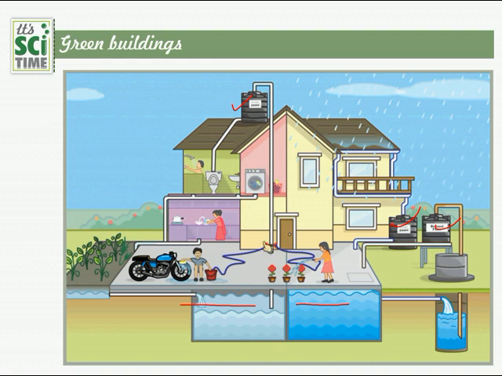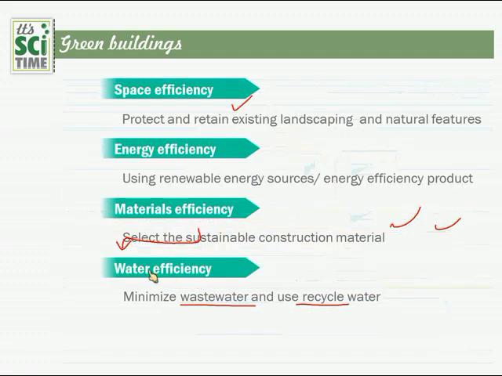Also, very wisely they have managed that. And wastewater they are using in the garden or the farming here. Likewise, we can manage the wastewater very wisely, and also we can save the existing water. This is about the plan for water efficiency in a green building.